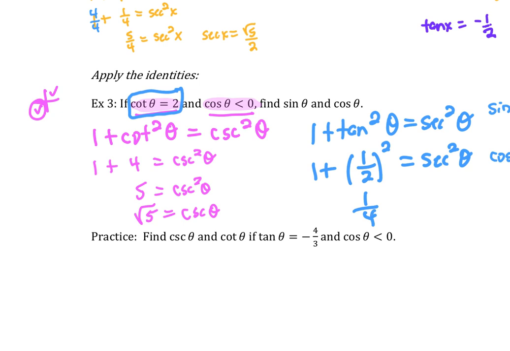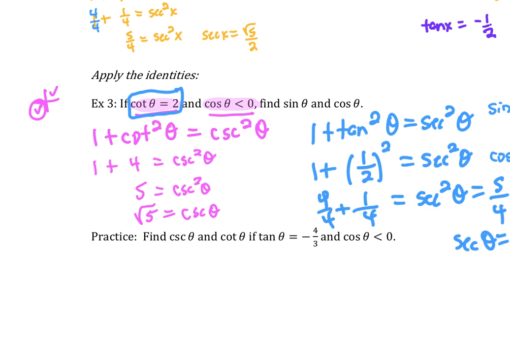So there's 1/4 plus, I want to write this as 4 over 4. And just for space's sake, I'm going to write this over here. So secant squared theta is 5 over 4, so that means secant of theta is the square root of 5 over 4.